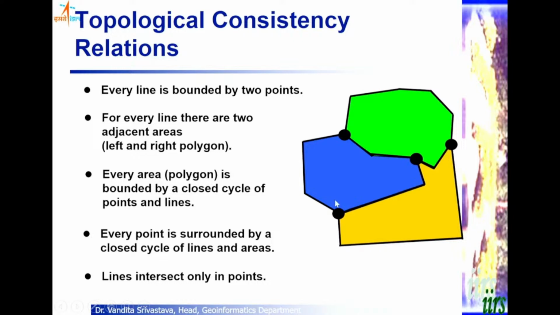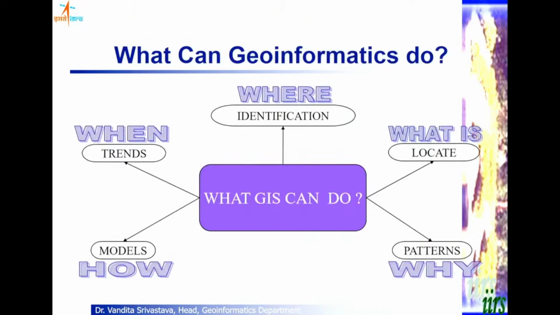I hope these topological definitions are clear, and although they will be further explained to you in the few lectures on data creation and inputting, I just wanted to give you a glimpse of all the things that will be covered throughout this module.